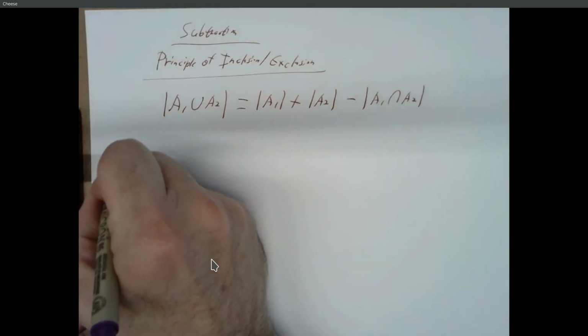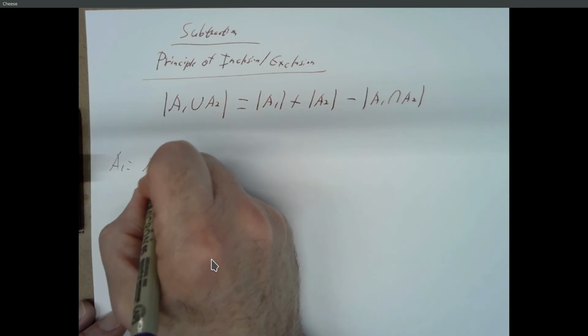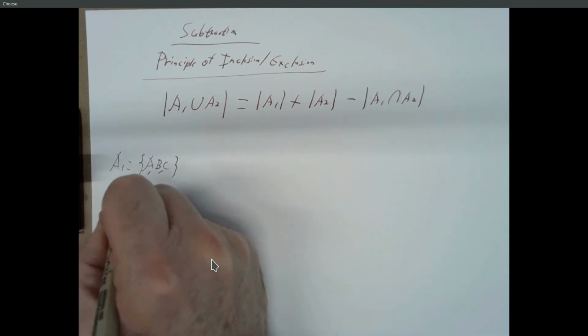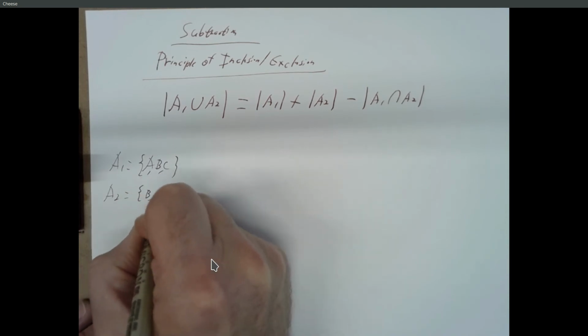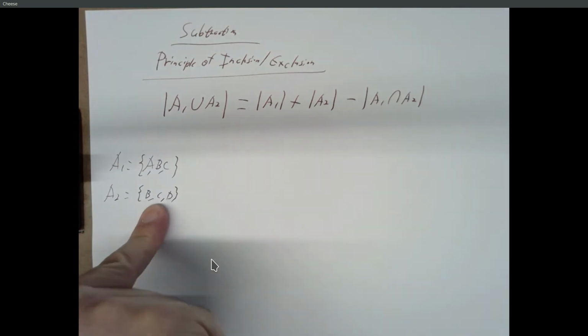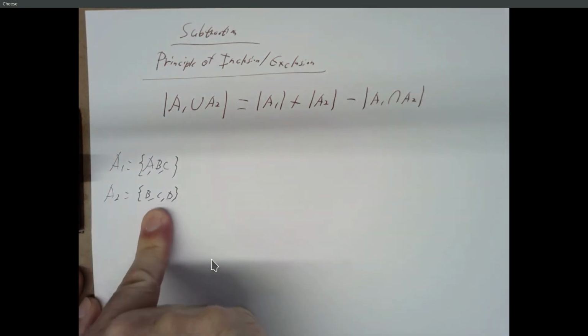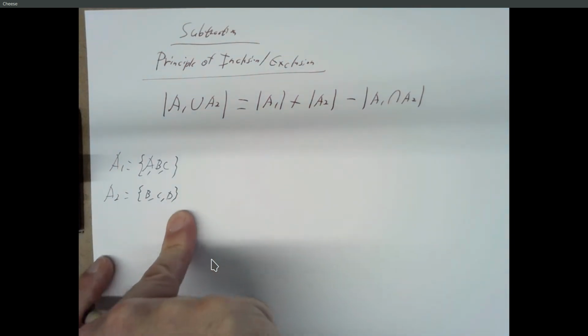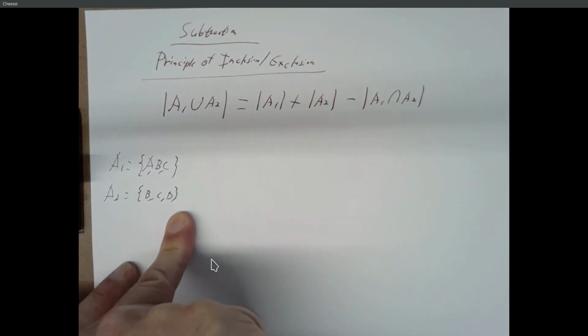Because suppose A1 equals ABC and A2 equals BCD. The union is not going to have 6 elements in it because we've counted some of these elements twice, ABC, BCD. How many elements did we count twice?